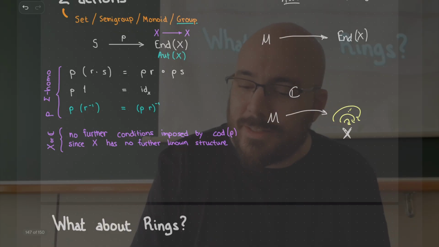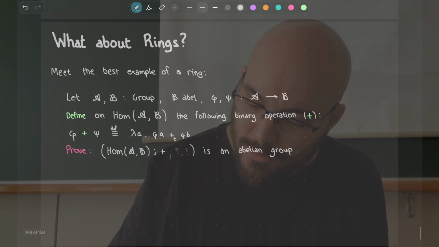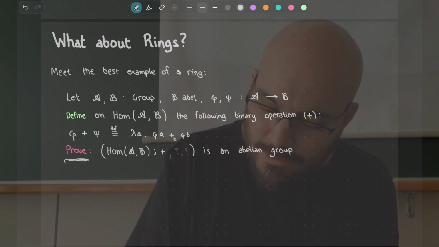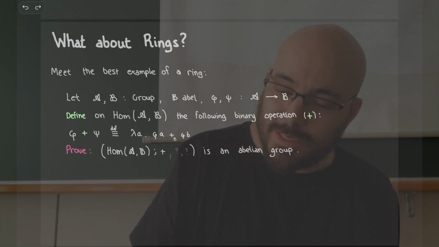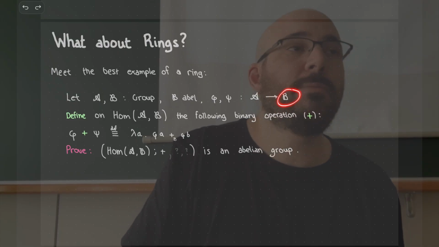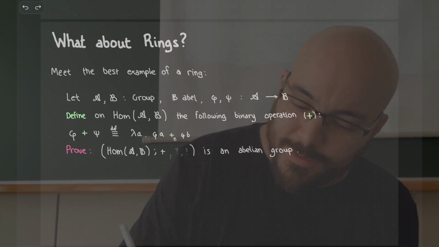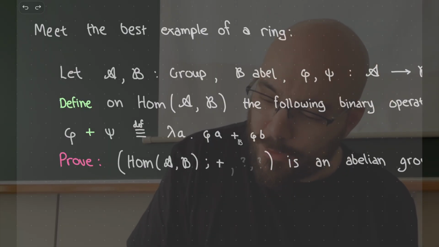Why does that change anything? So the exercise that you were supposed to solve is this one: prove, and the idea is that if you have any homomorphism between groups and the codomain is abelian, then you can define this function here on the homomorphisms of groups.